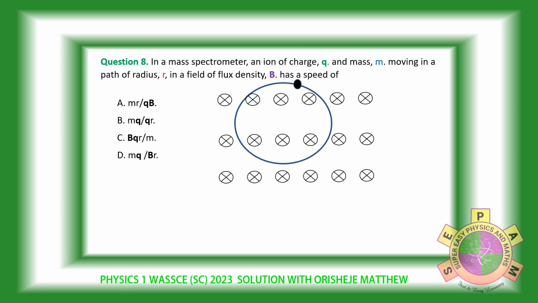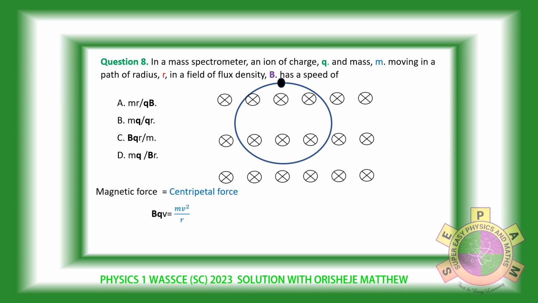What is going to be the speed of the electron? The magnetic force is equal to the centripetal force of the electron. We are looking for the speed of the electron.